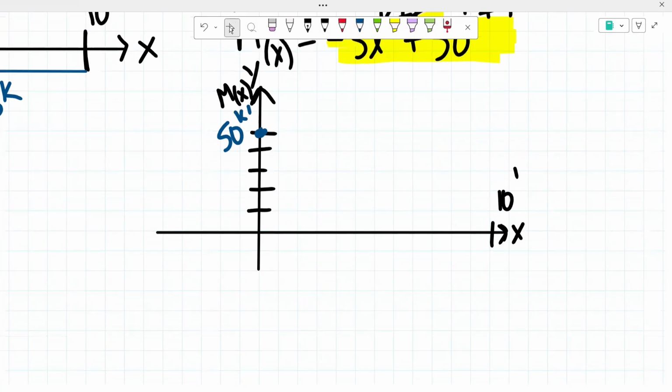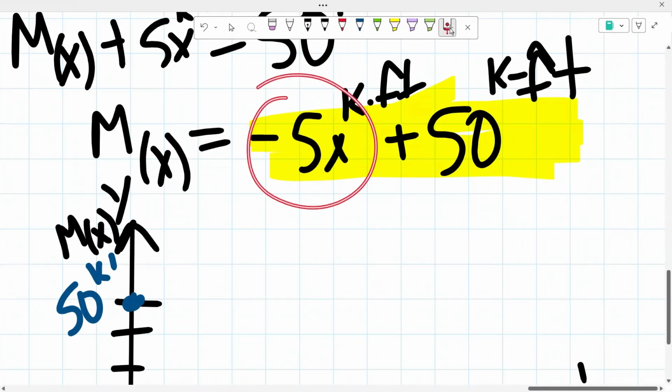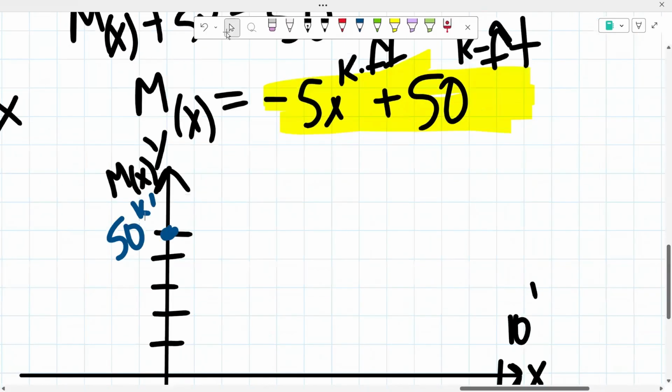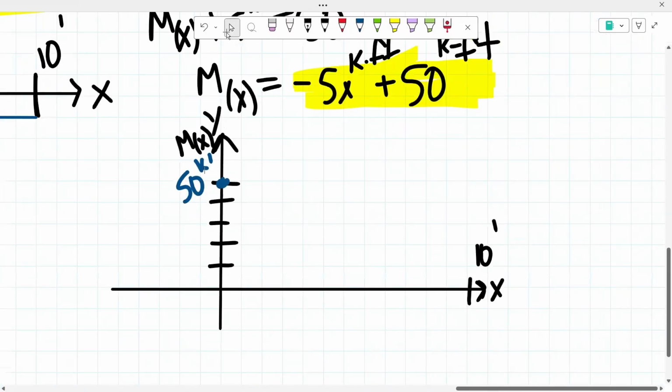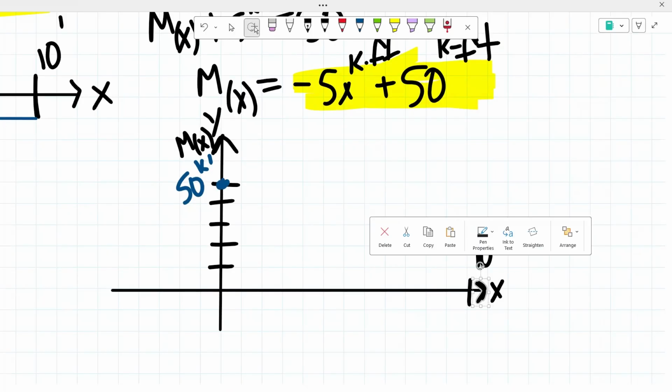And then from there, we have this negative 5x kip feet. So what we could do is we know that our beam is equal to 10, and as you can see, our distance is represented by x.